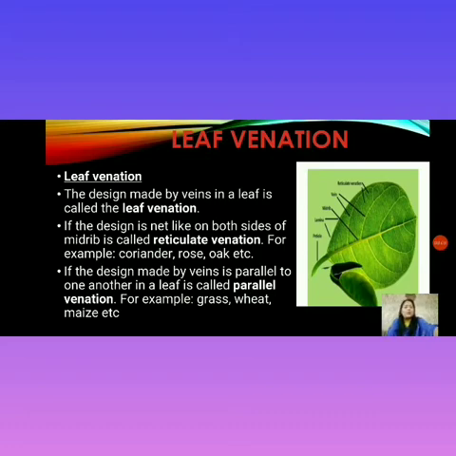If the veins make a net-like design, that type of venation is reticulate venation, for example in coriander leaves, rose, oak, etc. And if the design made by the veins is parallel to one another in a leaf, it is called parallel venation, for example grass, wheat, maize. Would you like to see these different types of venation? Let's look.